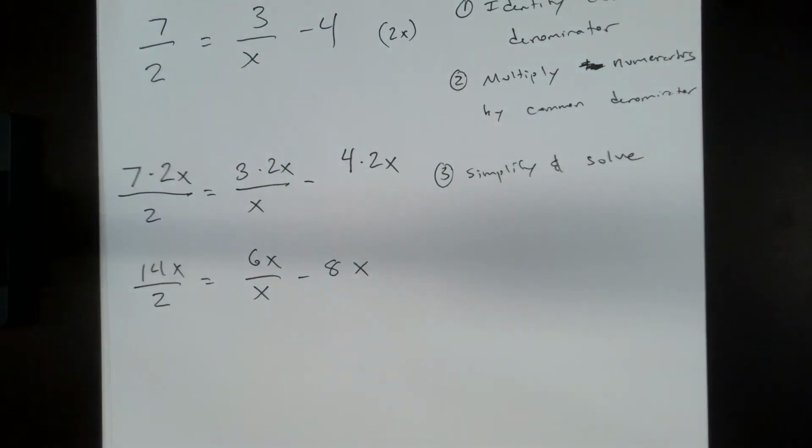So after multiplying them, you get to here, 14x over 2 equals 6x over x minus 8x.